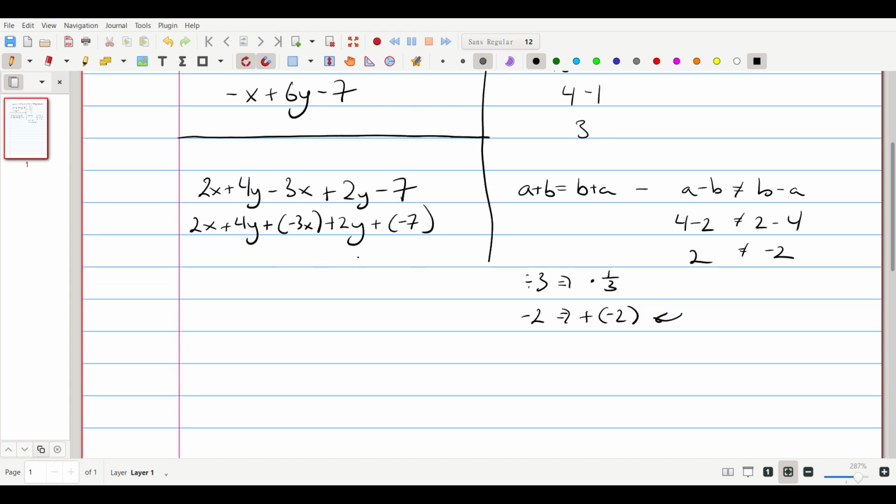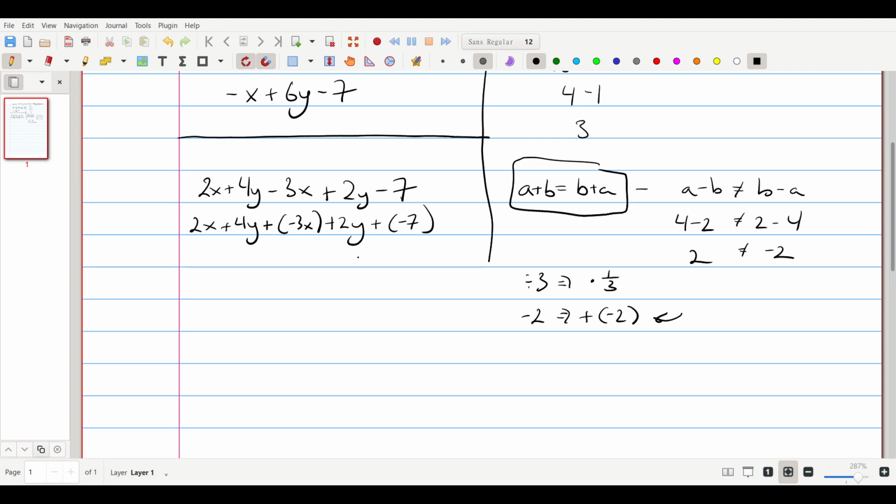And so now all the terms in this expression have pluses between them.